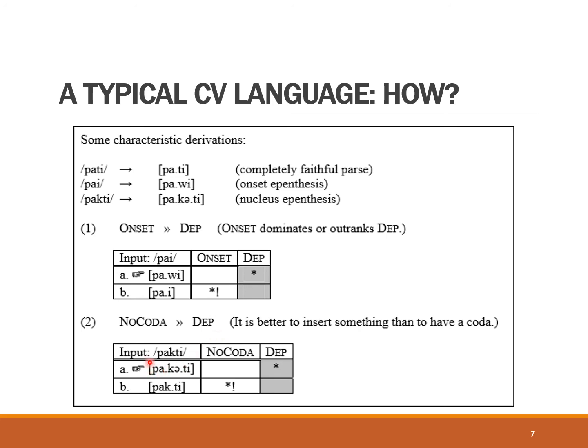From an input structure of this kind, you can see that two candidates are generated. In the first case, an insertion of a vowel is allowed, but a syllable like pak is not allowed because no coda cannot be violated. It is a higher-ranked constraint. So that is all for today.